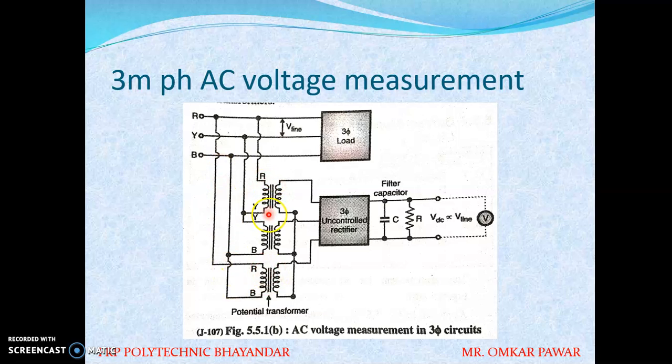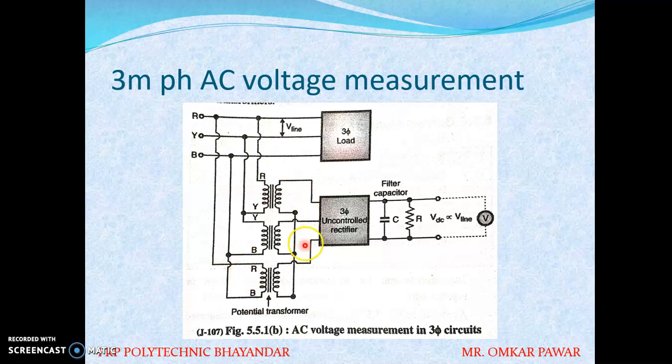In this case, the first connection of the primary is connected to the R phase, and the second connection is connected to the Y phase. Similarly, one point of this transformer primary circuit is connected to the Y phase, and its end connection is connected to the next phase, that is the B phase.